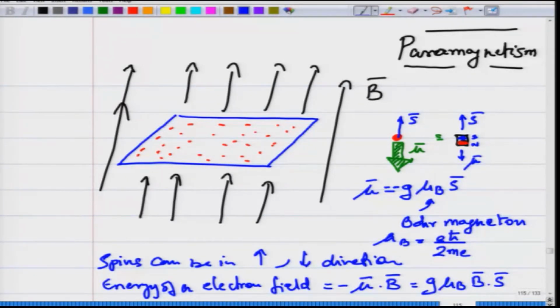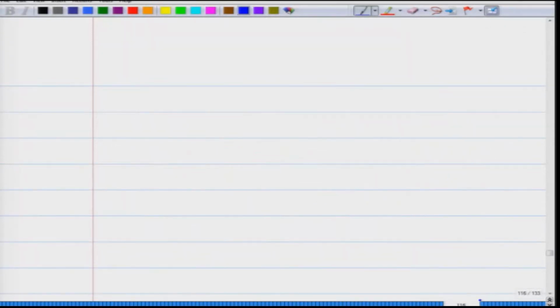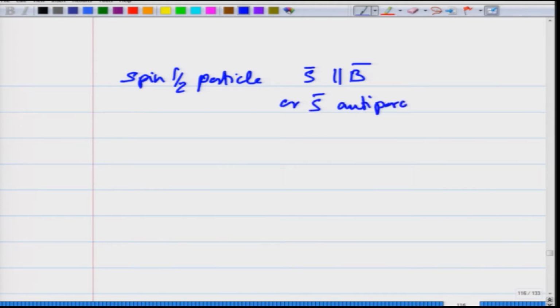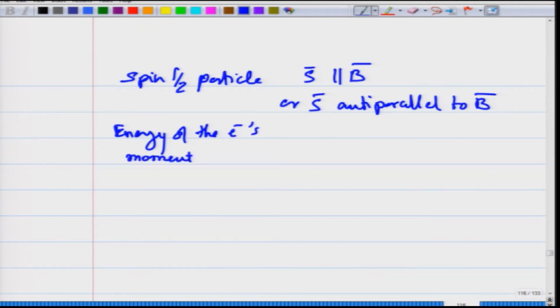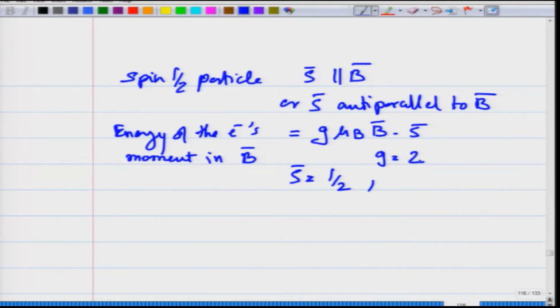Okay. And so, for a spin half particle, the spin can be either aligned parallel to the magnetic field or anti-parallel to B. So, the energy of the electron's moment in a magnetic field can be g mu_B B dot S. For an electron, g is approximately 2.